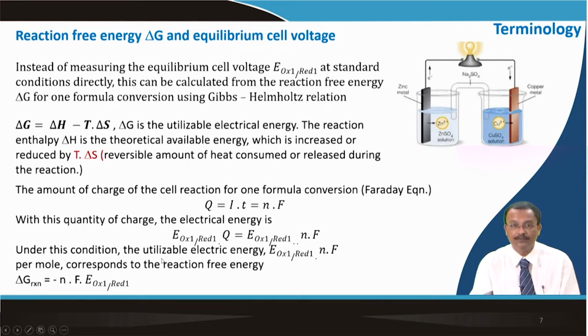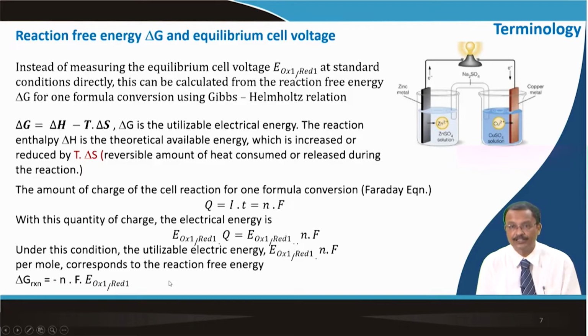So, the utilizable electrical energy is E, the oxidation-reduction voltage, times the number of electrons involved, usually for one formula unit of the reactant material, and F is the Faraday constant. This is per mole, and this is the reaction free energy.